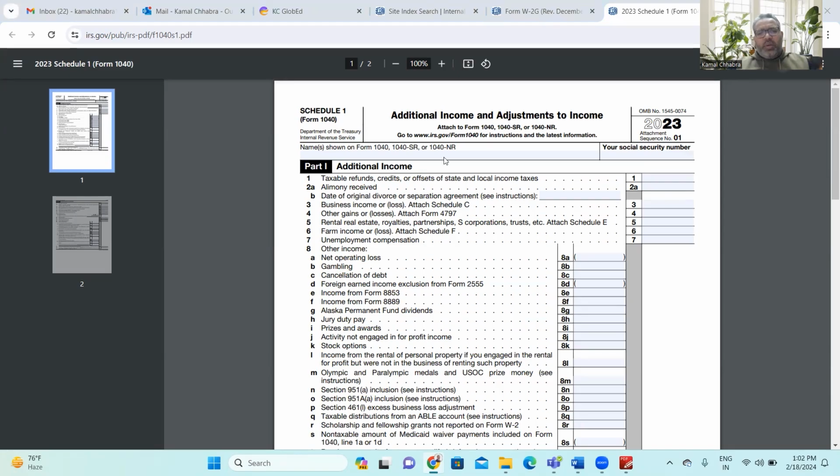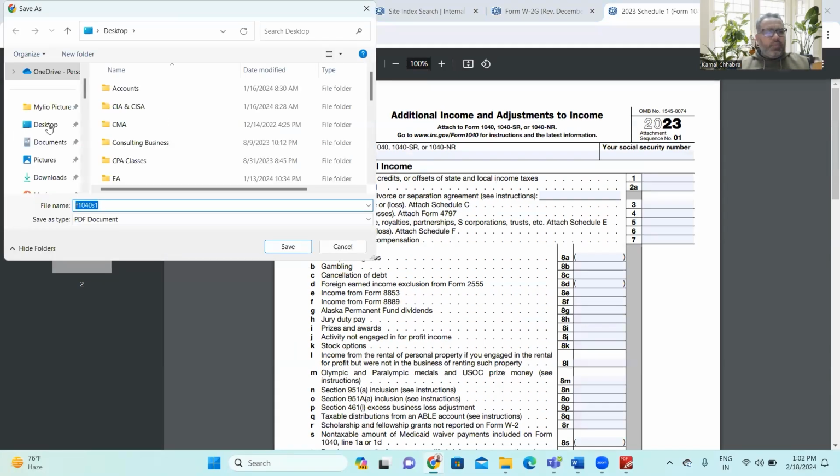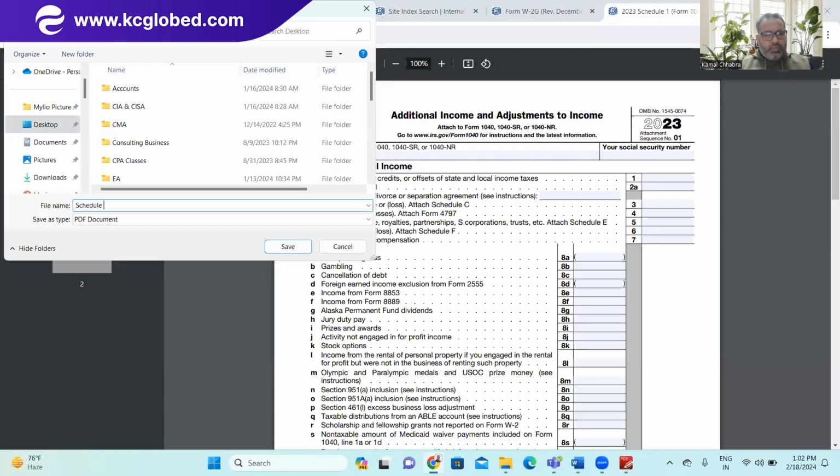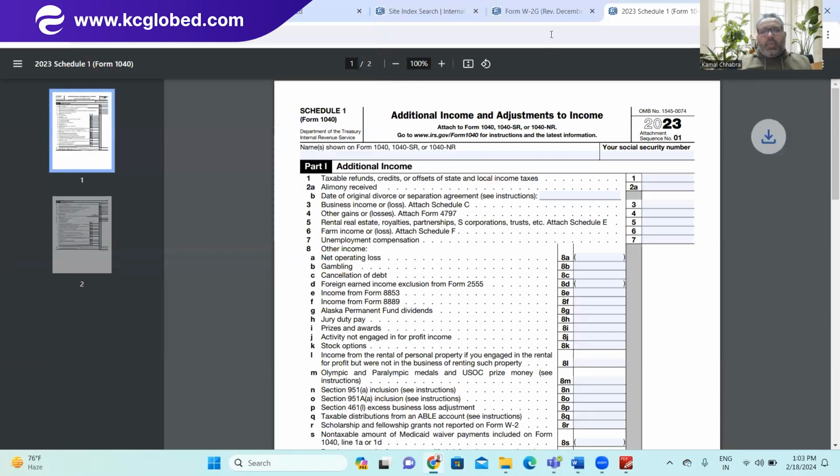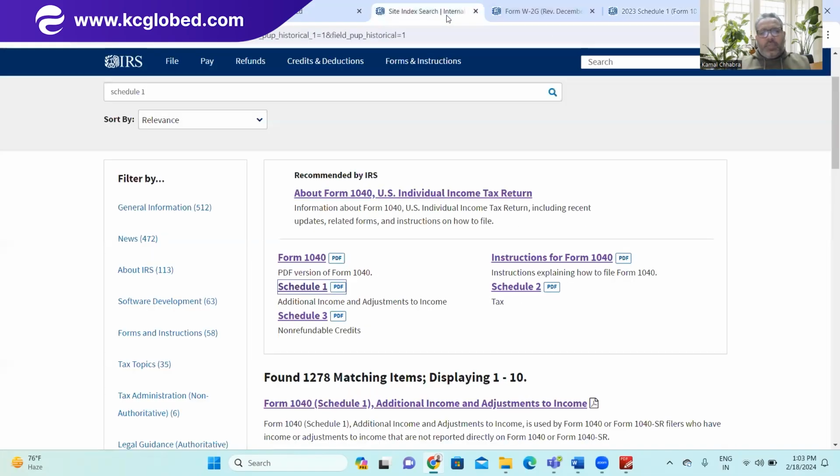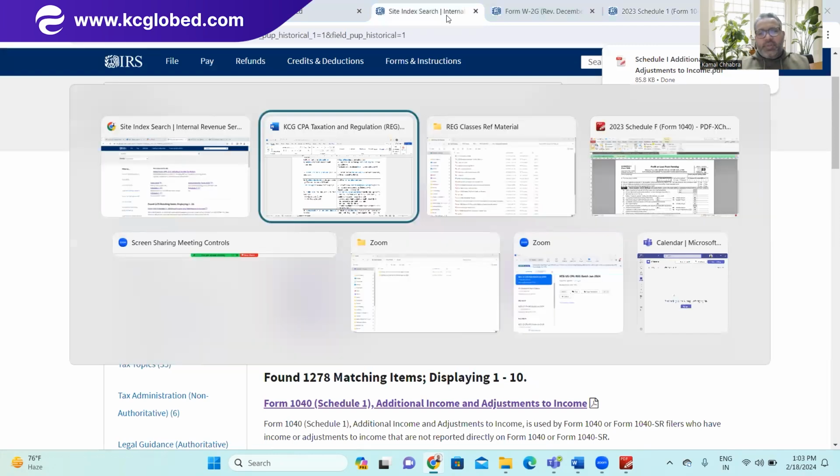So this also I'm downloading and will share with you. After the class, I'll drop it into the group for your ready reference.